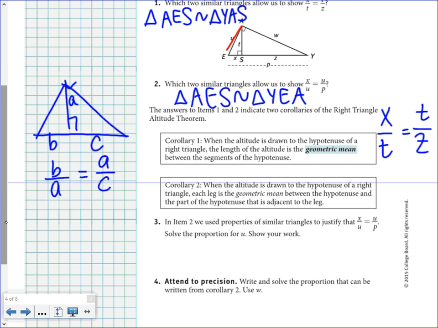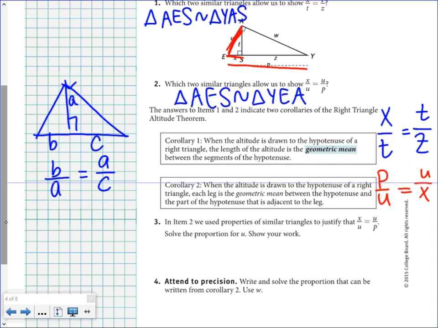So U is the geometric mean between the hypotenuse. The whole length of the hypotenuse is P. And the part of the hypotenuse that is adjacent to the leg that we were looking at is X. So X and P are our two numbers that we would use.